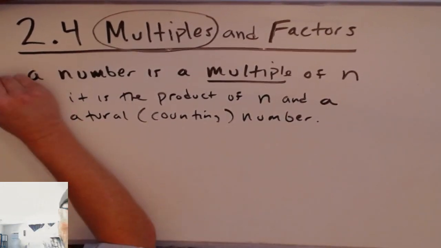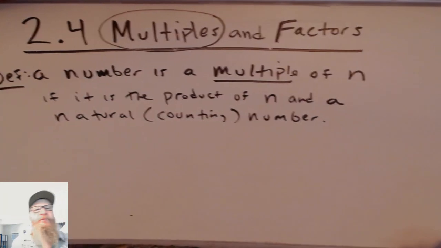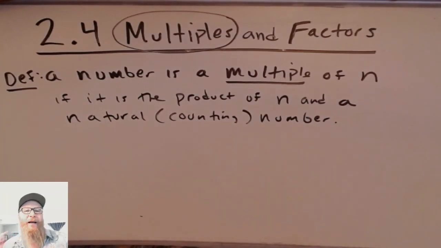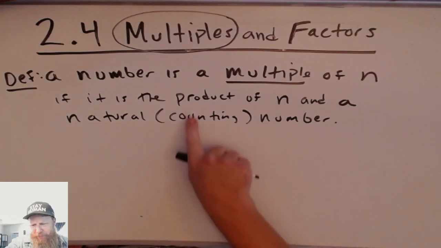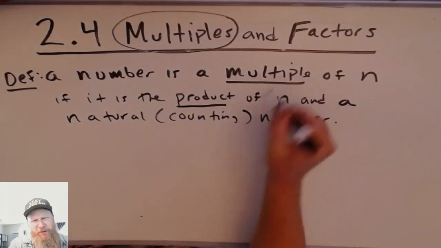All right, so that's the definition of a multiple. I know it seems kind of obvious, right? It comes from the word multiply, yeah? Product, multiple, multiply.